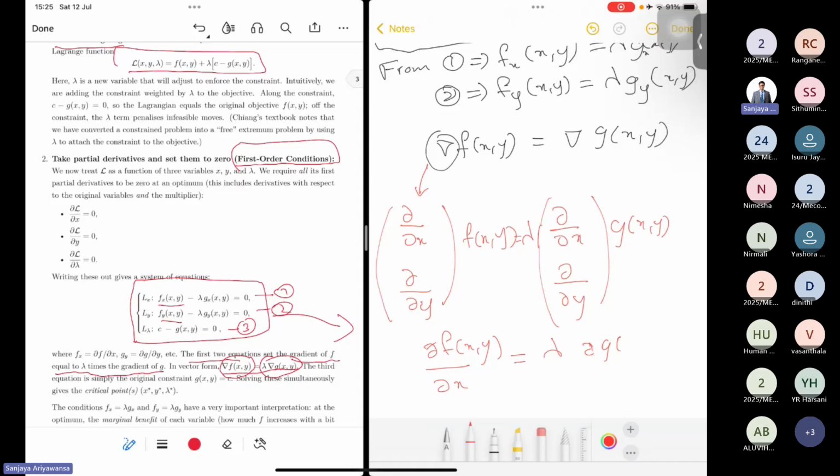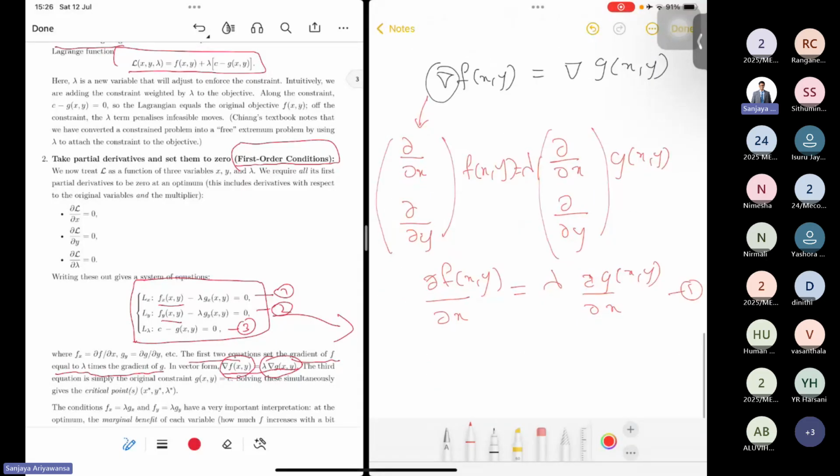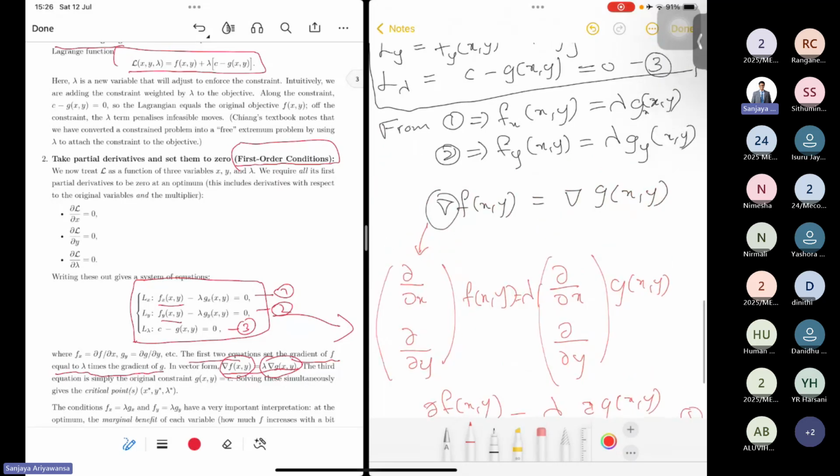So you're partially differentiating f of xy by x. That's your first equation. And you're partially differentiating your function f with respect to y, lambda times you're partially differentiating your function g with respect to y. That's your second equation, right? So this is what you have got basically over here.